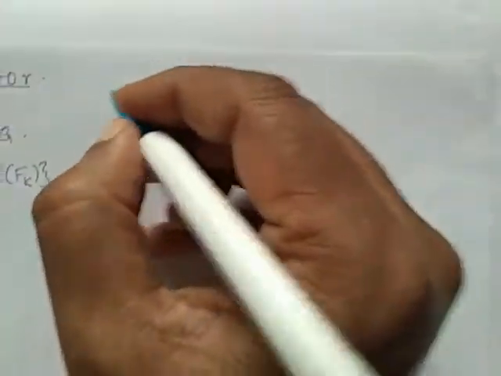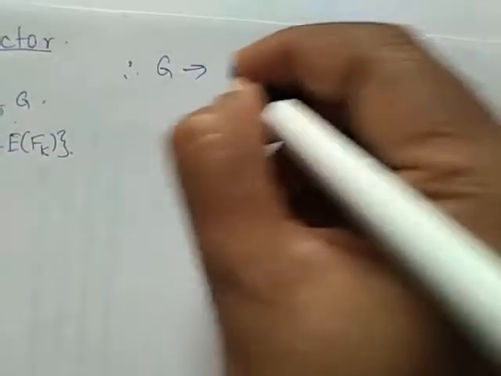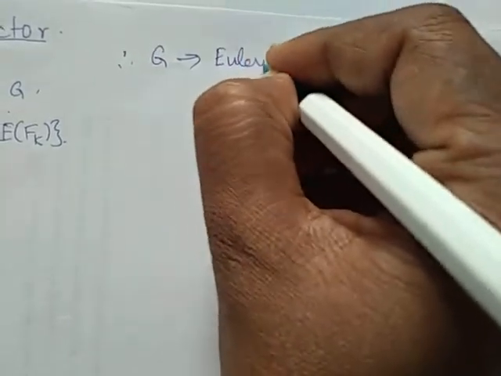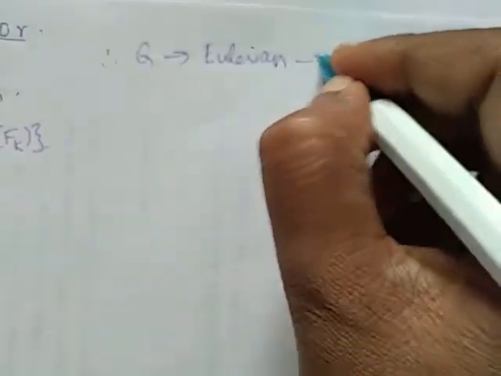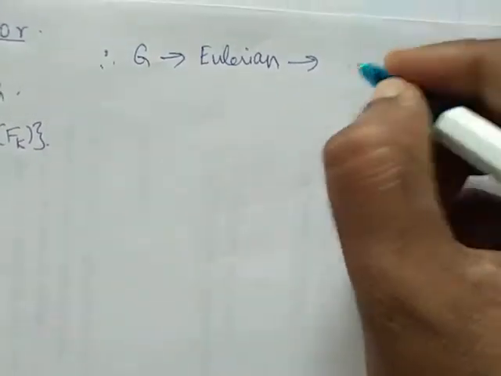Therefore, since we are considering G as a connected graph, G is Eulerian. Since it is Eulerian, it contains an Eulerian circuit.